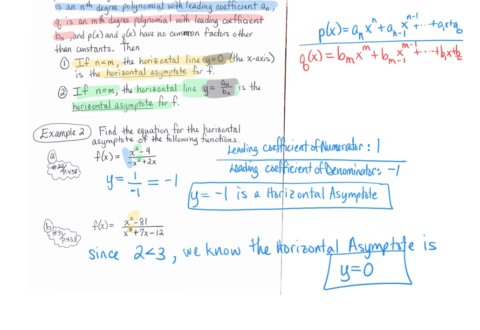Right. That's a good observation, because I didn't put there the case what happens when n is greater than m. When n is greater than m, when the degree of your numerator is greater than the degree of your denominator, you have what's called slant asymptotes.